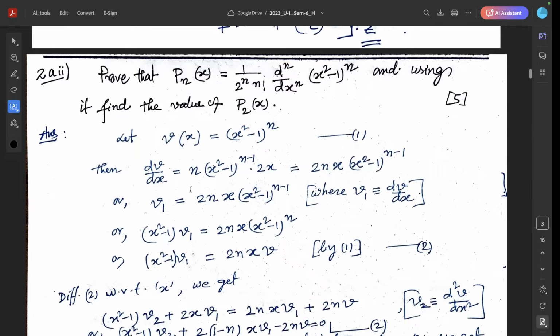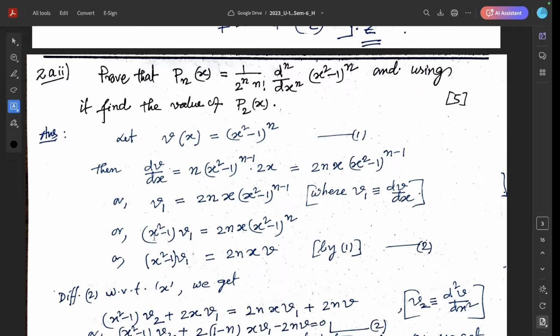Let v(x) be (x squared minus 1) to the power n. Then dv/dx equals this, and v1 denotes dv/dx, so 2nx (x squared minus 1) to the power n minus 1.